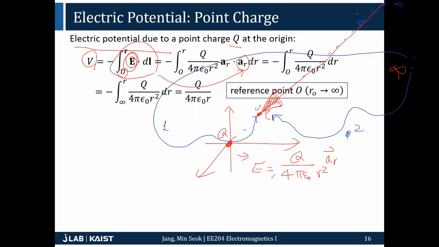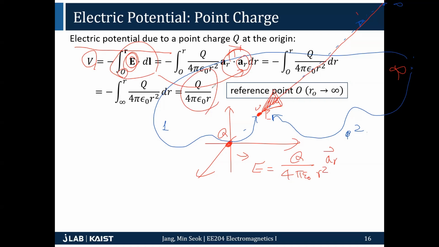The integration becomes very easy because your electric field is also in the a_r direction and your path is also in the a_r direction, so this becomes just 1. Your calculation becomes extremely easy, and you get Q divided by 4 pi epsilon r as your answer.